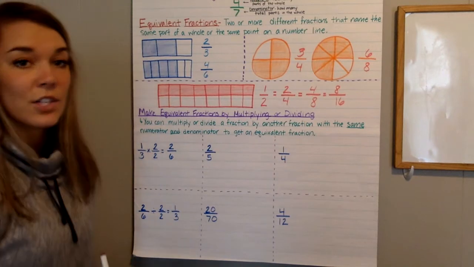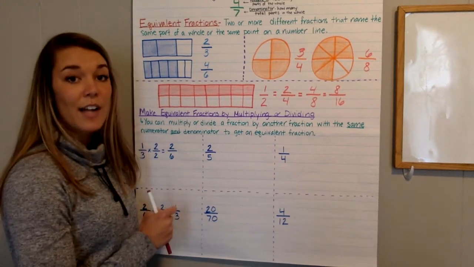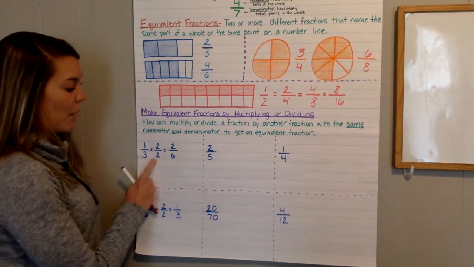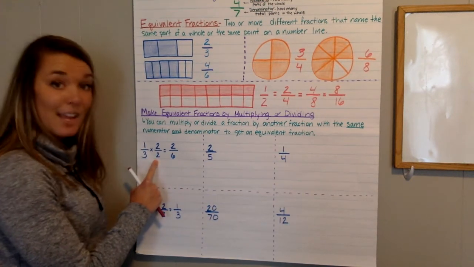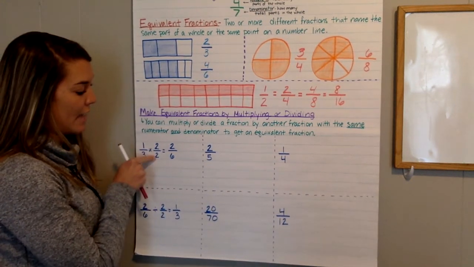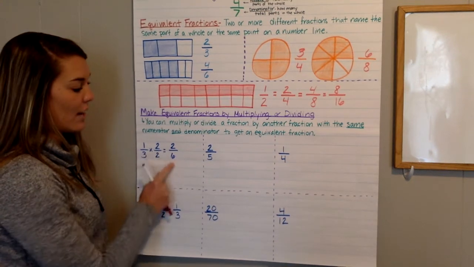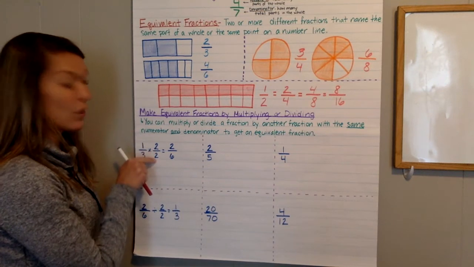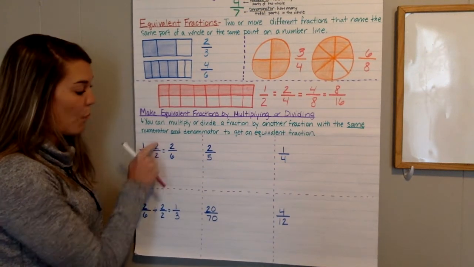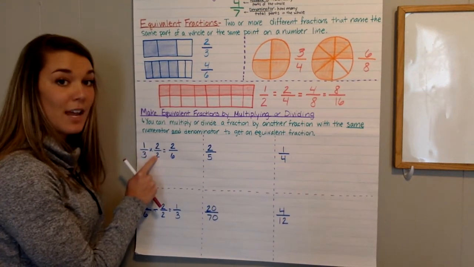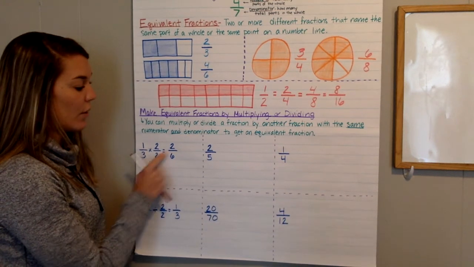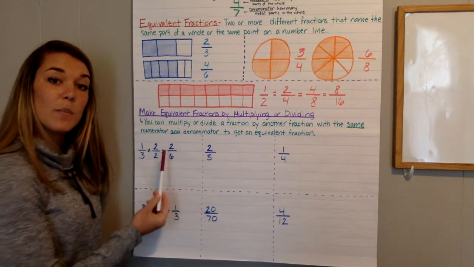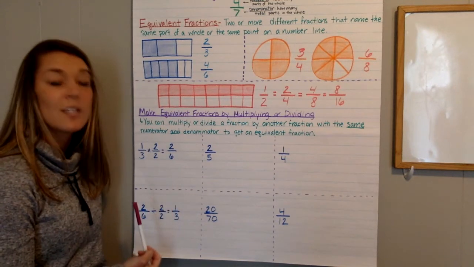So this is what I mean. If someone asked you, what is an equivalent fraction for 1/3? You can multiply it by a fraction that has the same numerator and denominator to get an equivalent fraction. So I'm doing 1/3 times 2 over 2, right? Both these numbers have to be the same, which equals 2/6. When you multiply fractions, it's pretty easy.